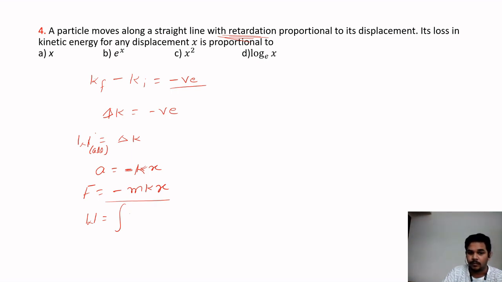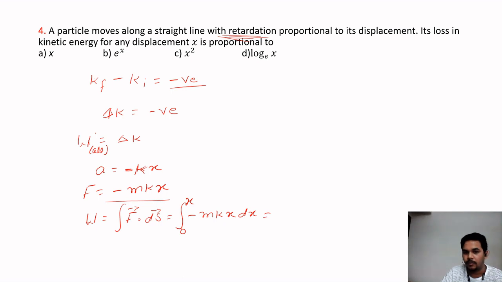So here you can write force dot ds, and as force is only given in the x direction, we can directly write minus m k x into dx. Now for the displacement of x they have asked, so let's assume the particle has moved from 0 to x distance.